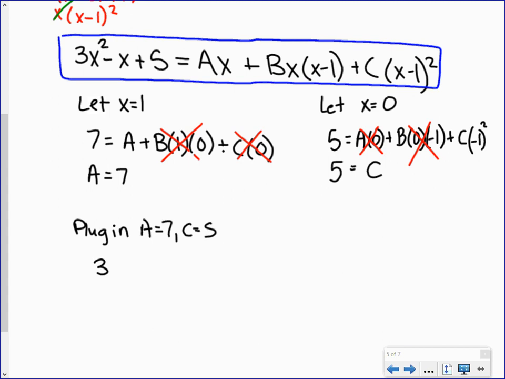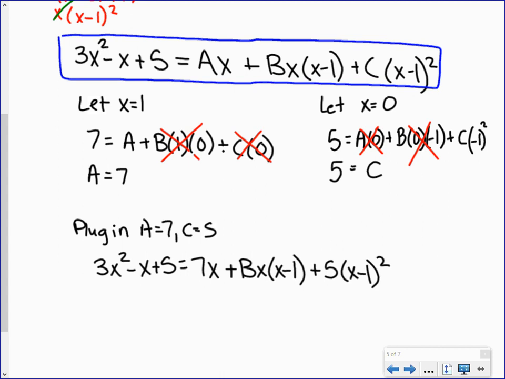So I have 3x squared minus x plus 5 equals 7x plus b times x times x minus 1 plus 5 times x minus 1 squared. Super helpful? No. But maybe better. What could you do next?